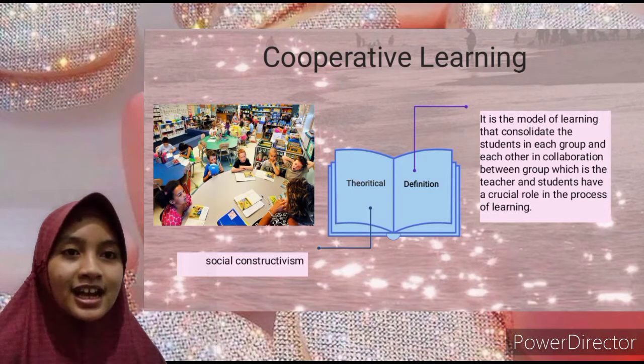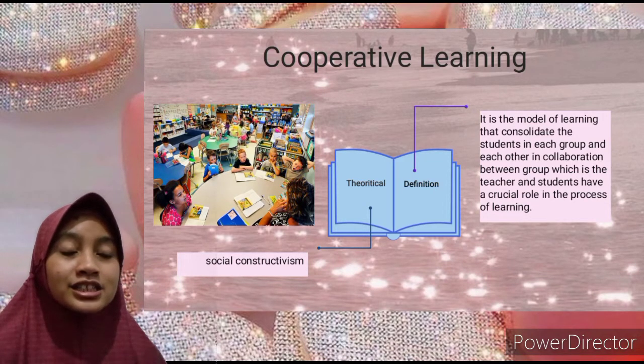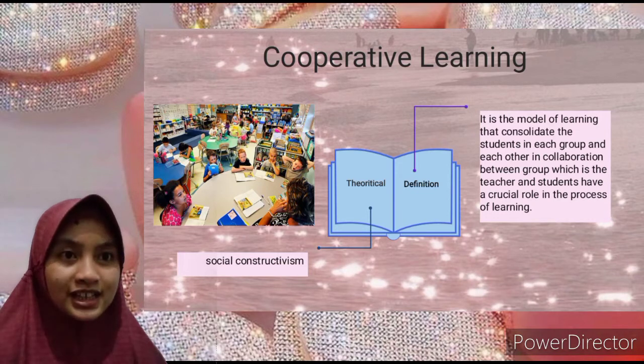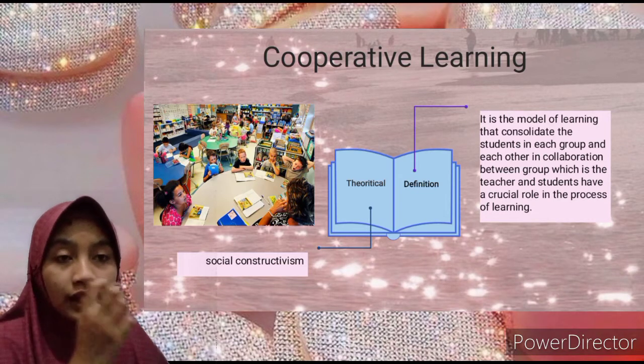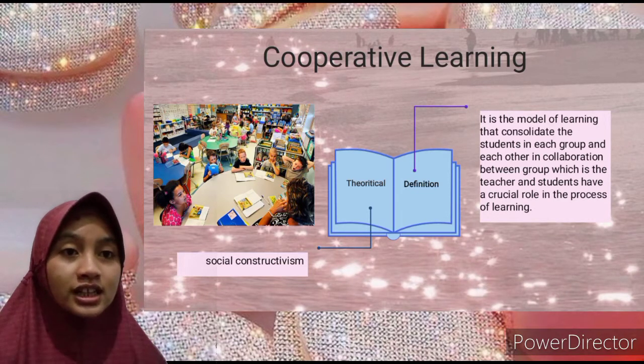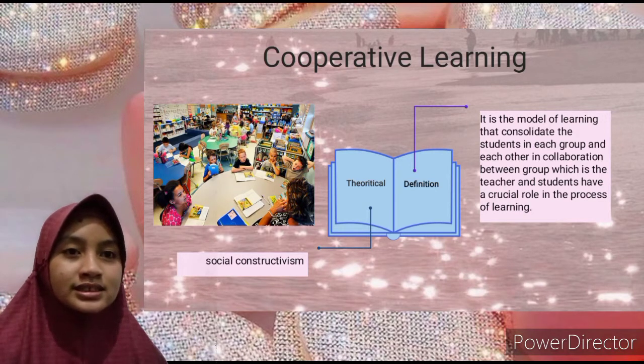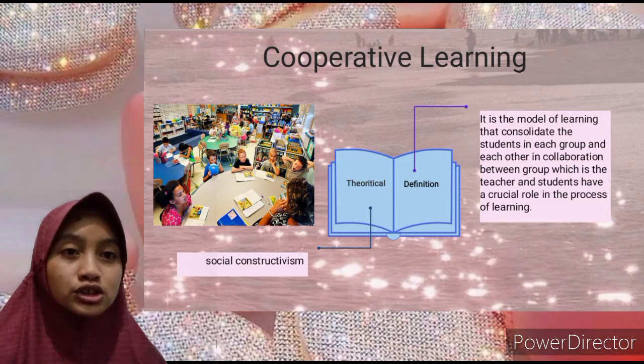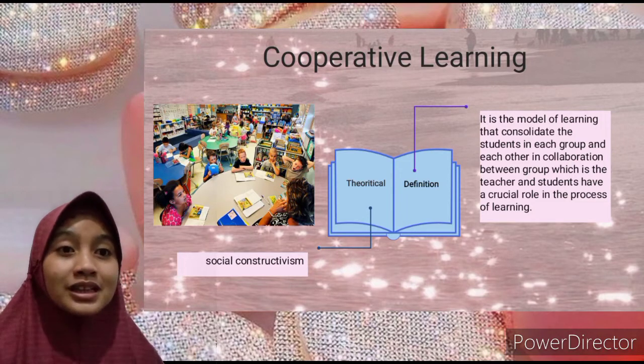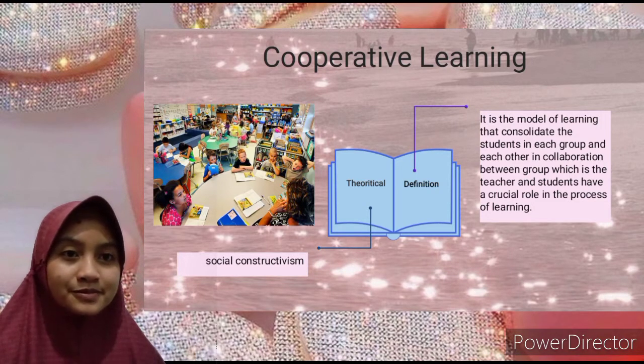Cooperative learning adapts the theory of social constructivism. Social constructivism theory agrees that individuals make meaning through the interaction between themselves and the environment.